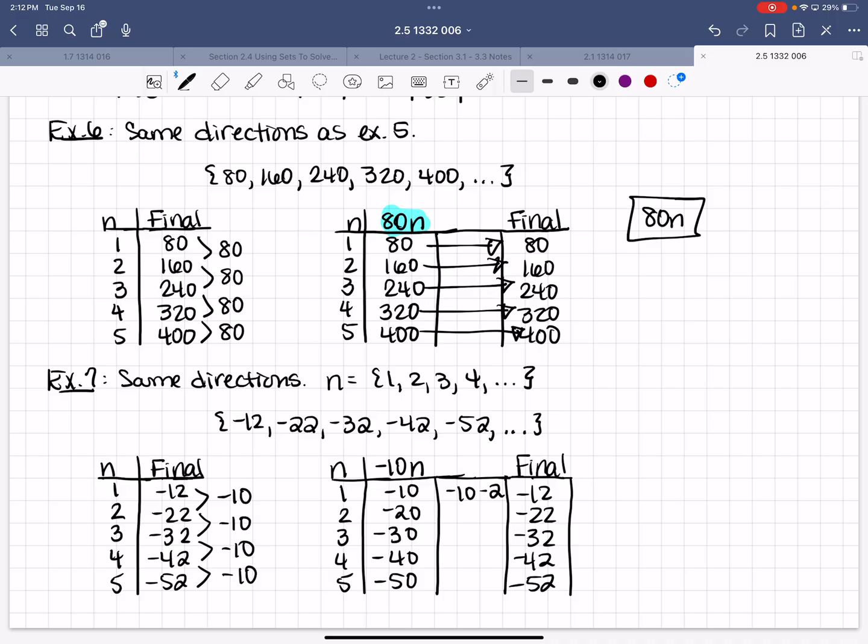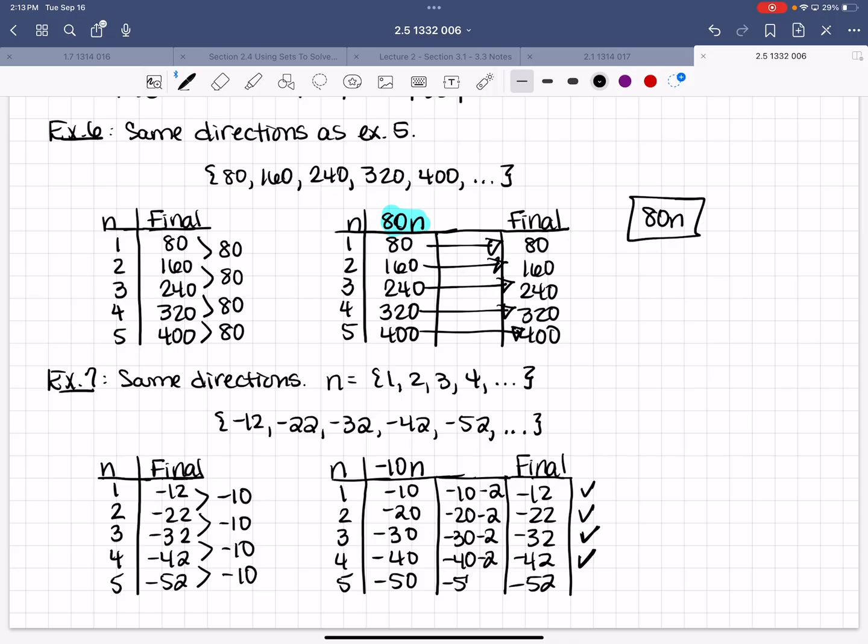All right, let's try minus 2 on all of them. Negative 20 minus 2, yep, that makes negative 22. Negative 30 minus 2, yep, that makes negative 32. Negative 40 minus 2, yep, that makes negative 42.